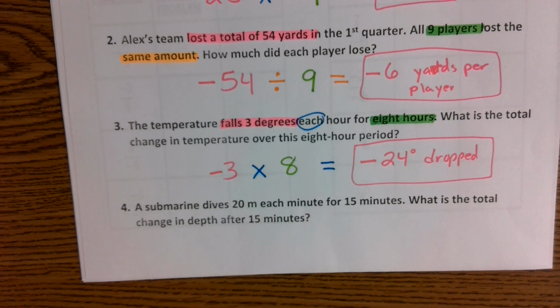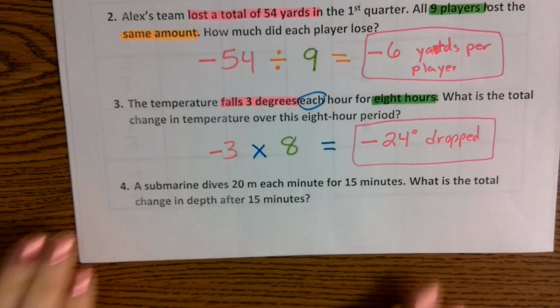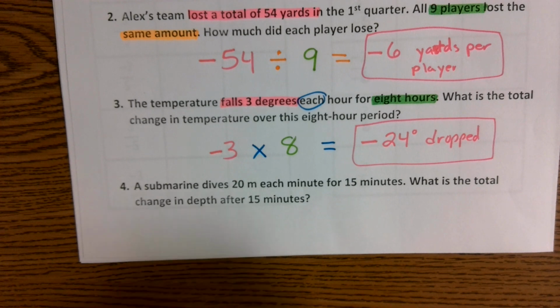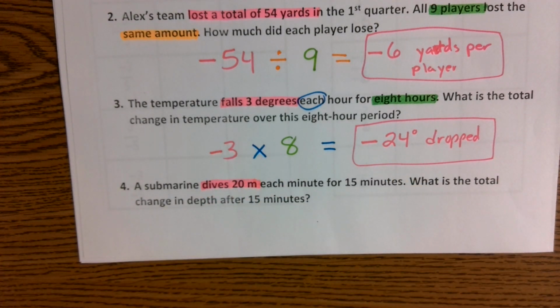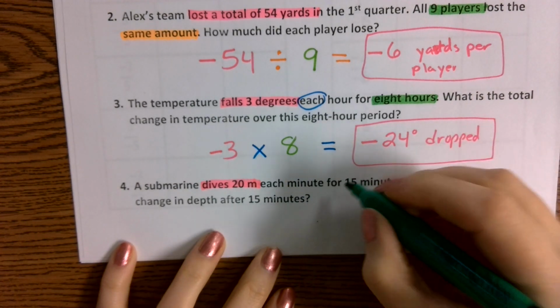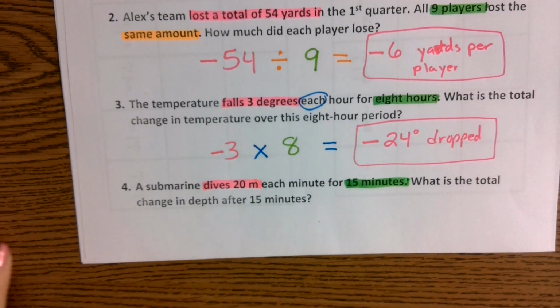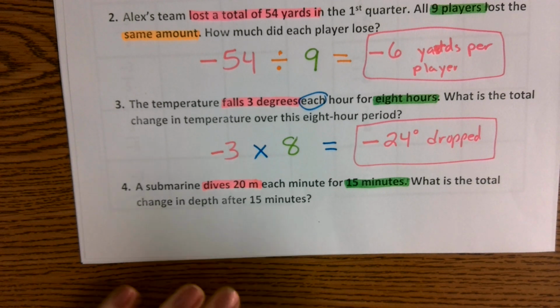Try number 4 on your own. All right, so a submarine dives 20 meters. Again, the word dives would represent negative, and it's going to do this for 15 minutes. 15 minutes is a positive value. So what is the total change after 15 minutes? It's going to keep doing this each time for each minute.